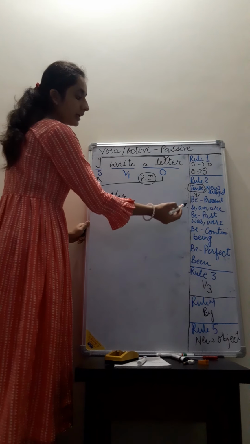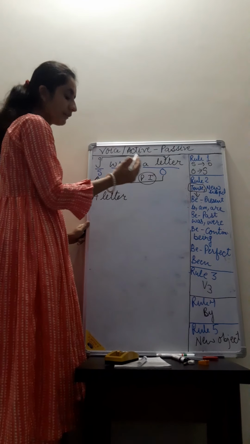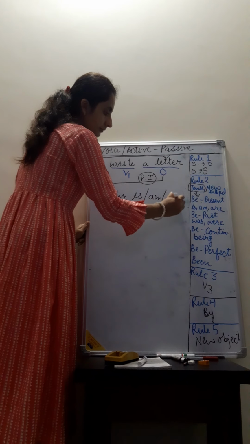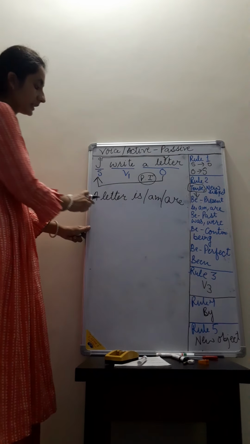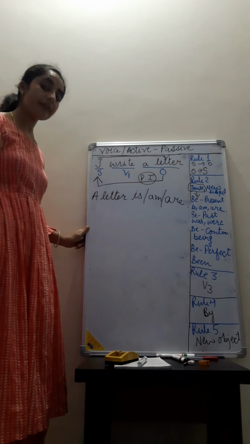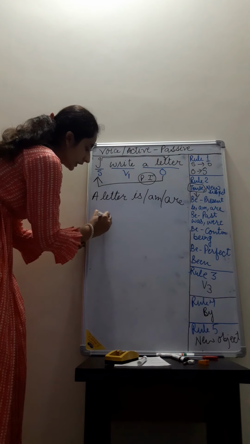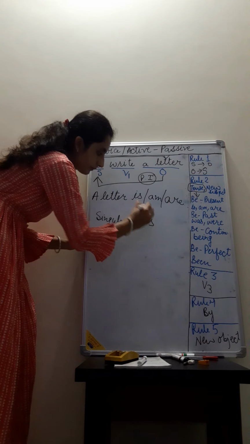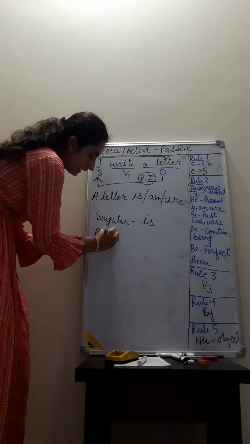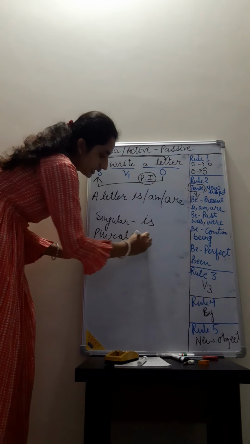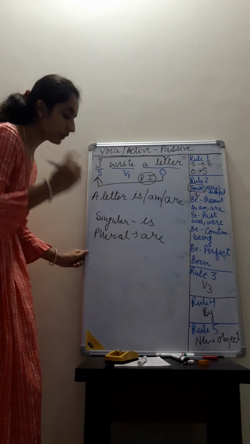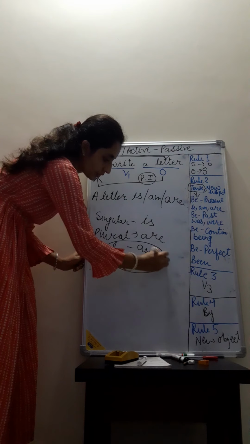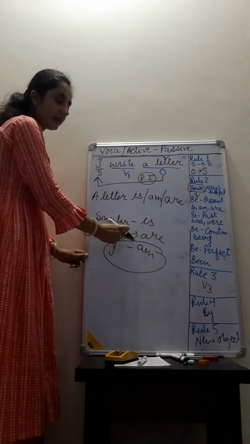A letter. In present, there are 3 be forms, that is, is, am, are. So, with a letter, we will use is. Why will we use is? Because with singular we use is. With plural we use are, and with I, we use am. Am is always used with I. In plural, we use are.